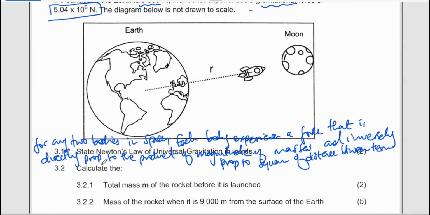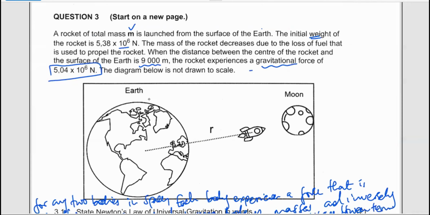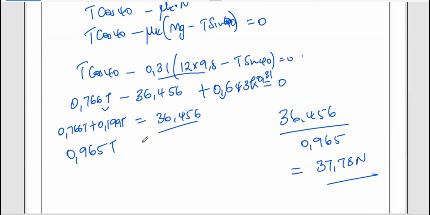Then 3.2.1, they want us to get the total mass of the rocket before it is launched. Now, the question gave us the weight. They want us to get the mass. So we know that weight is given as mass times gravity.